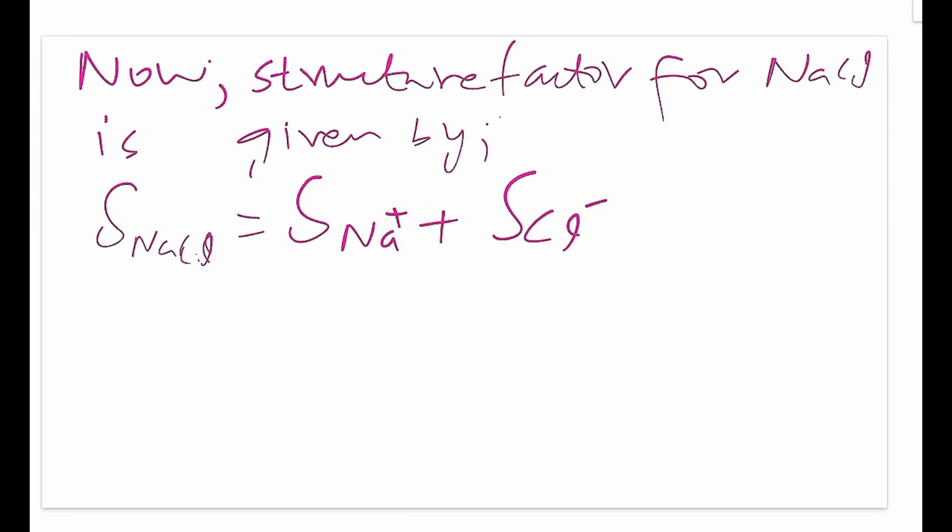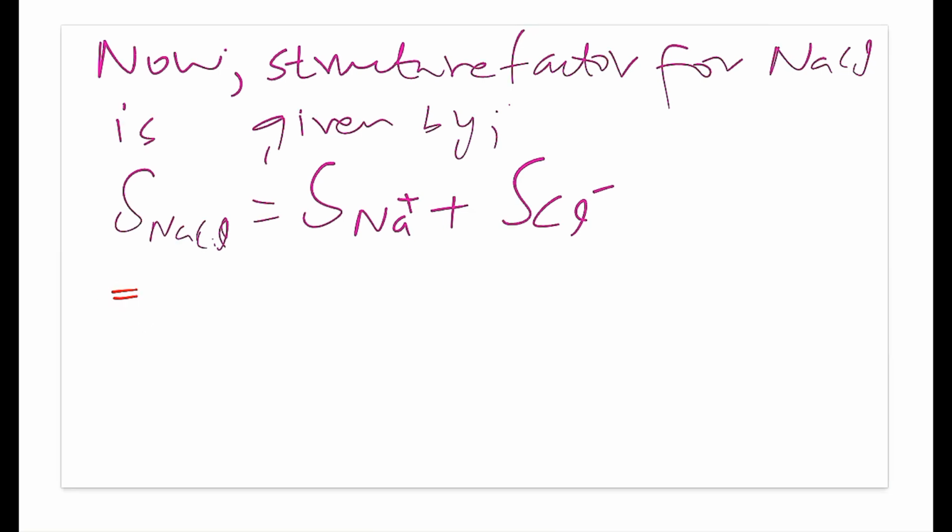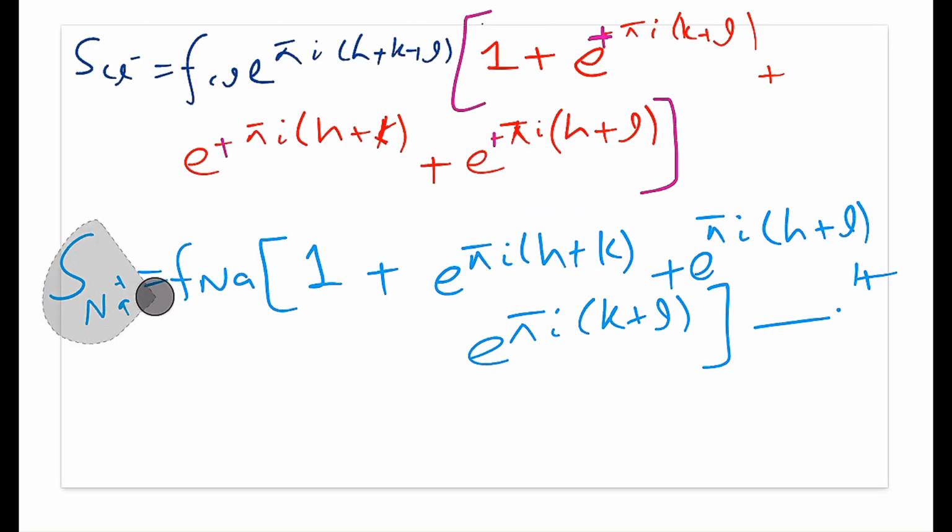Let's add them up and see what we are going to get. You have to do it in the next step, like you will add them up. I can do it here because I have already written them. It's simply these two quantities being added to each other, and we write a plus sign here, so they are both adding with each other.